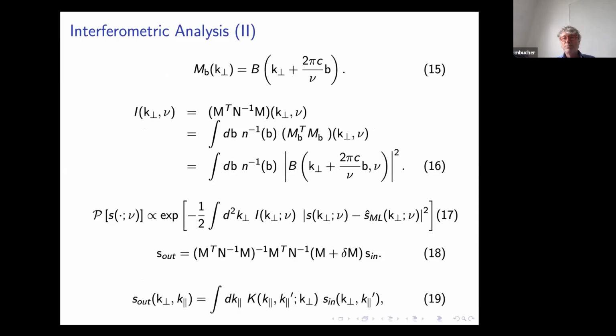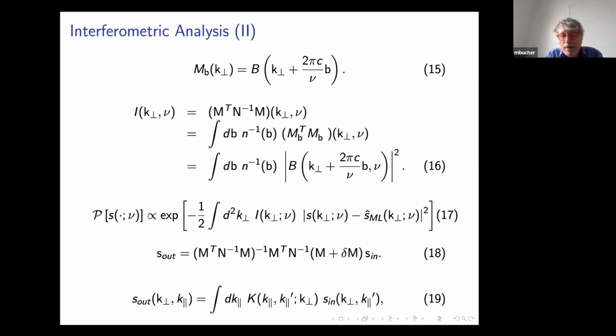So we can do a bunch of maths, and basically your primary beam in Fourier space gets shifted by the B, and so you have these beams that are centered at different places in Fourier space.